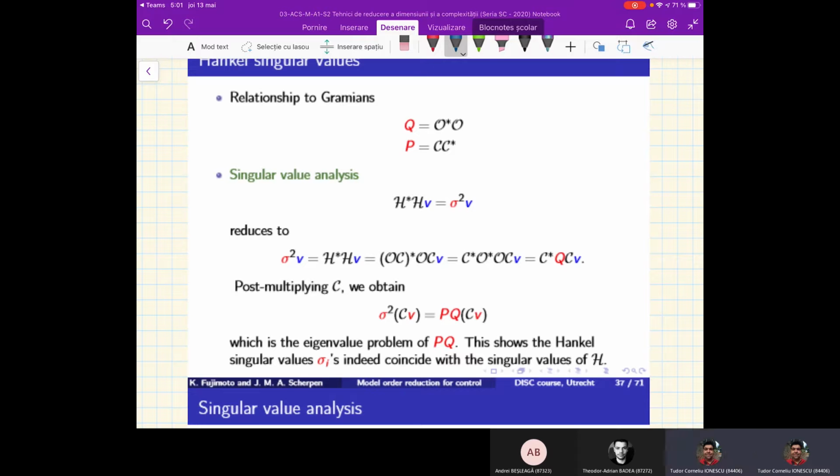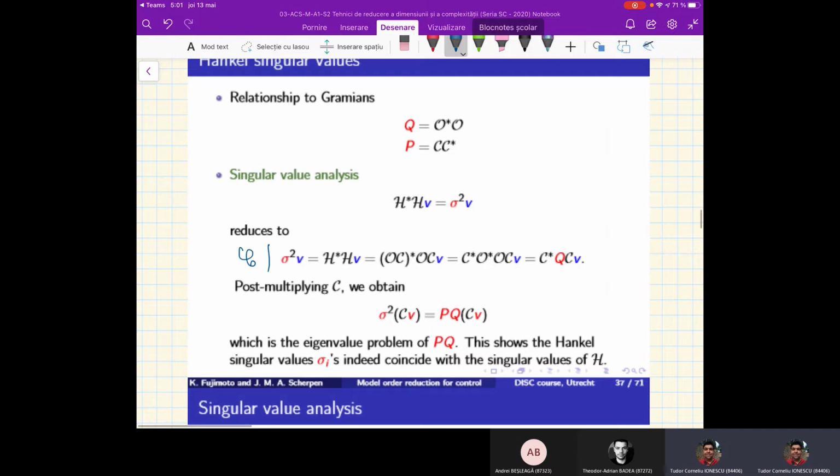Okay, so now you take P. No, you don't take P. You take C of this. You apply the operator C to this, and you get sigma squared C V, because sigma is a scalar, so it goes out.